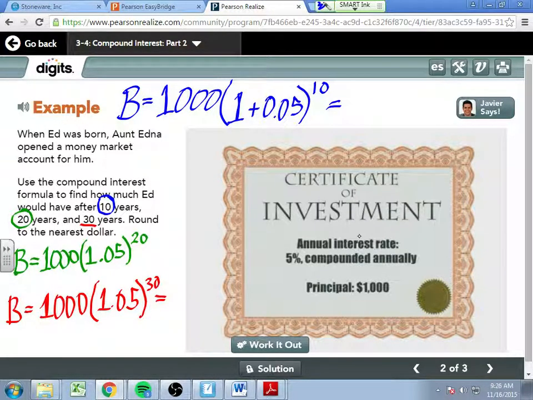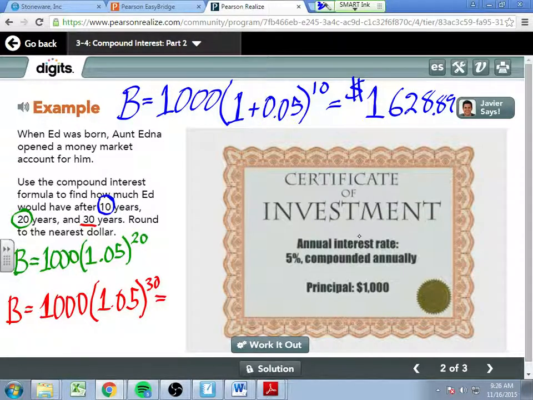So to the 10, I'd get that answer, then multiply by the 1,000. So just hit times and it just grabs that answer. We get that my final balance, and what's nice is I don't have to add this with anything. It spits out my balance. $1,628.89. That's a lot.